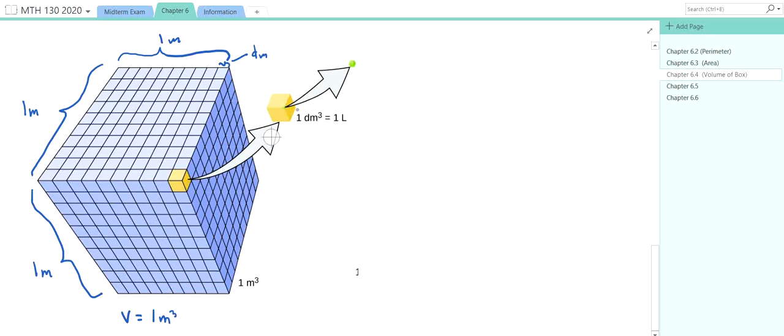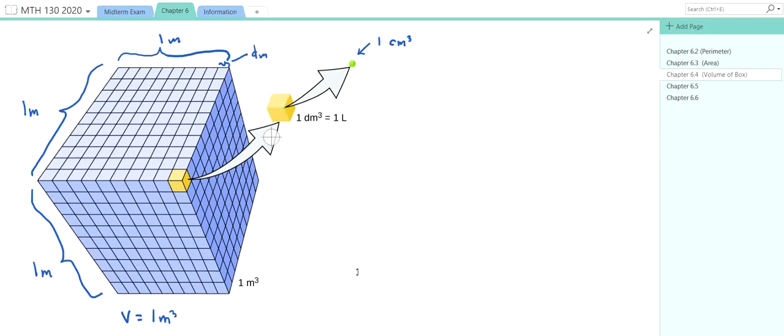So I pull that out, then you see this orange square here is a cubic decimeter. And then 1/10 of that, it's really a little green dot here, is a centimeter, 1 cubic centimeter. That's 1 centimeter by 1 centimeter by 1 centimeter. And this is 1 decimeter by 1 decimeter by 1 decimeter, 1 cubic decimeter.